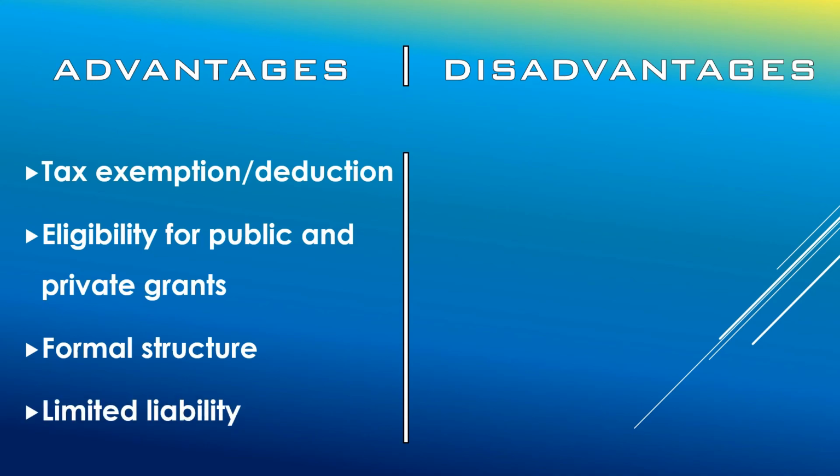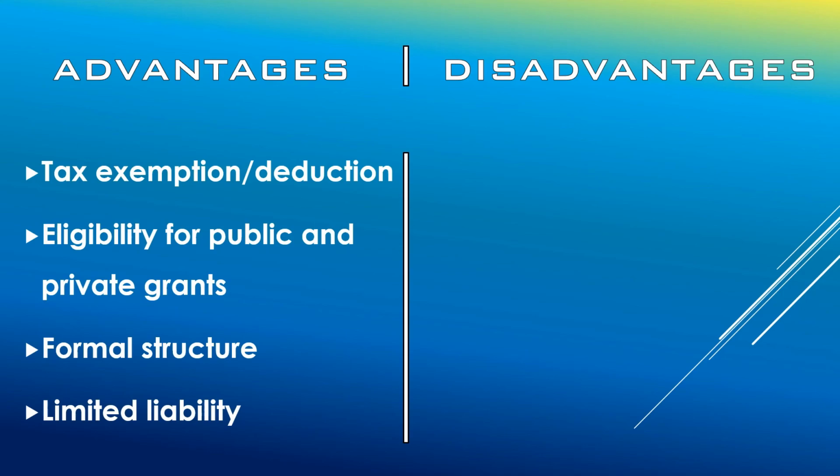Limited liability. Under the law, creditors and courts are limited to the assets of the nonprofit organization. The founders, directors, members, and employees are not personally liable for the nonprofit's debts. However, there are exceptions. A person cannot use the corporation to shield illegal or irresponsible acts on his or her own part.